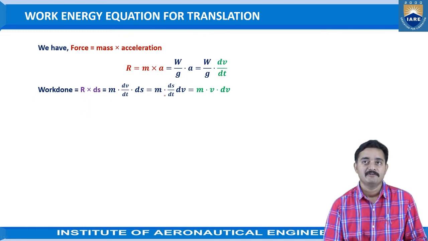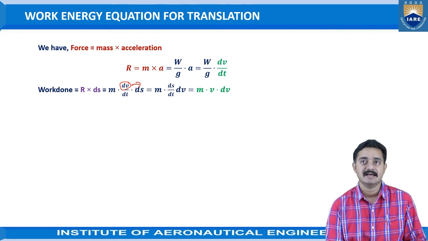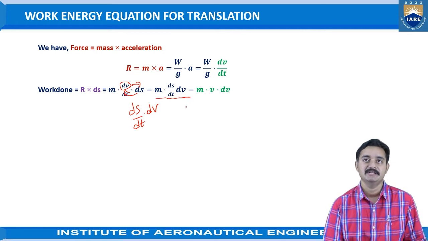For further simplification, this dv is moved to the right side and this ds is moved to the left side, and we are writing this as ds by dt into dv, which is shown here, m into ds by dt into dv.